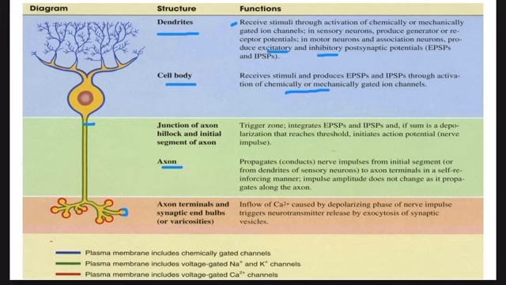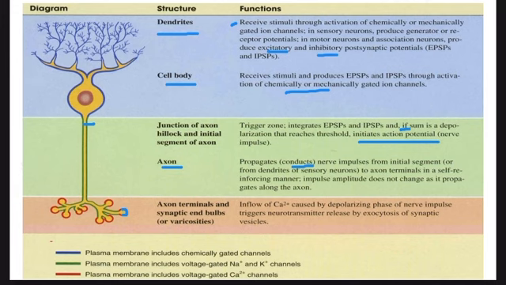The trigger zone, we talked about it here, because you have to pass it. It integrates the EPSP and the IPSP, and not all information goes through the threshold. If it does, they actually get an action potential, so a pulse will happen. It conducts like electricity along the nerve into the initial segment and goes to the axon.